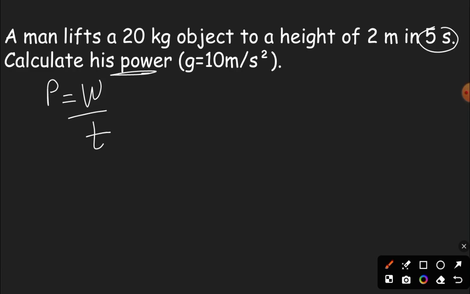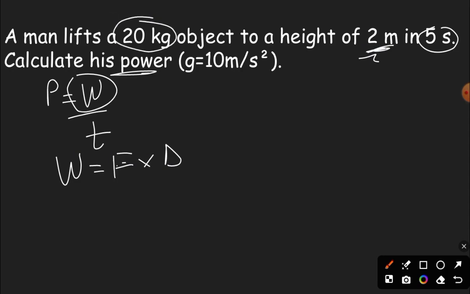And from the information we have, we know time, but we don't know work. So it means you have to find it based on the information we've been given. So work equals force times distance. Now let's look through the question again. We have distance here, but we don't have a force.